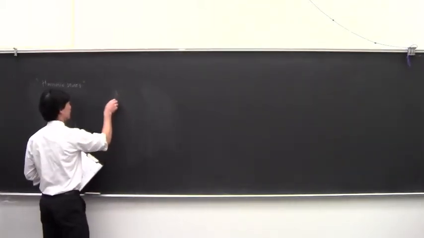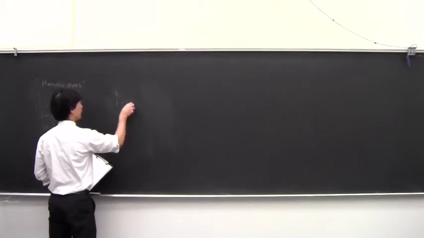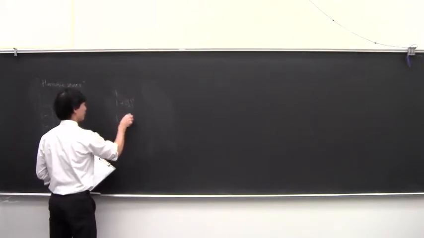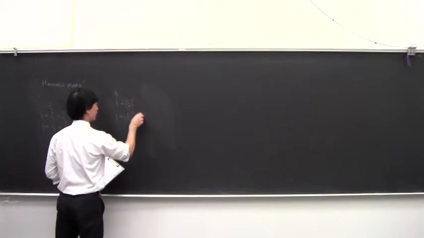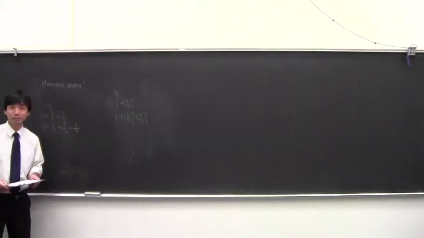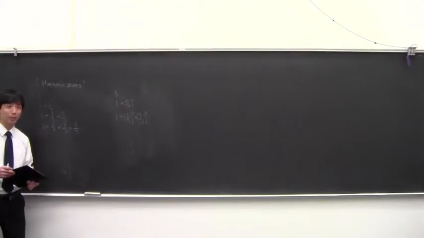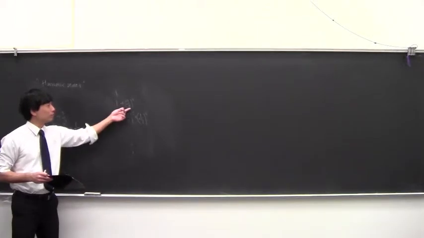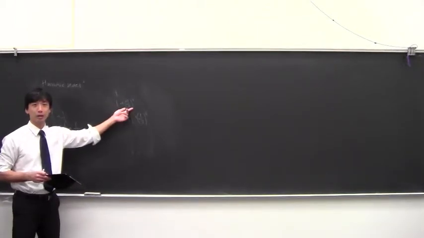There's a related sequence: 1 plus a half squared, 1 plus a half squared plus a third squared, and so on. Does anyone know what happens to this one? I'll be shocked if you know what happens to this one. What do you think? Well, now the things we're adding on are small.